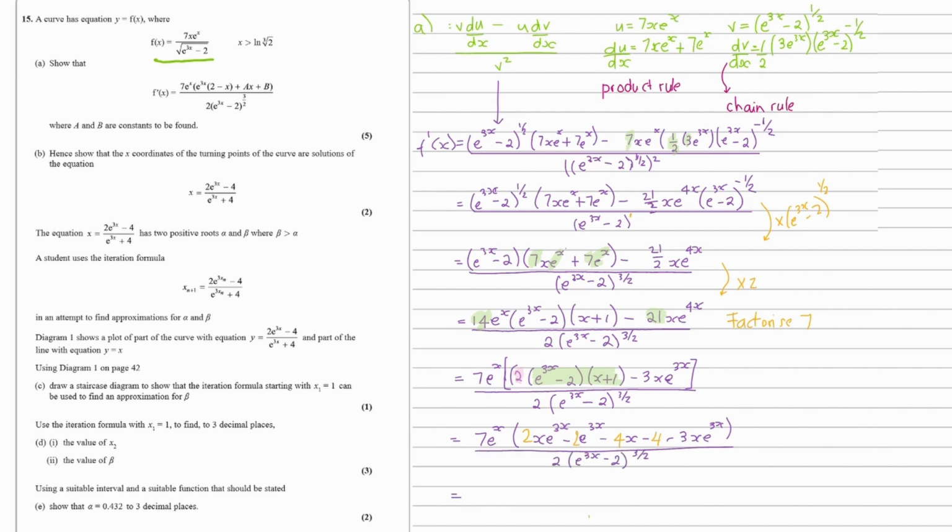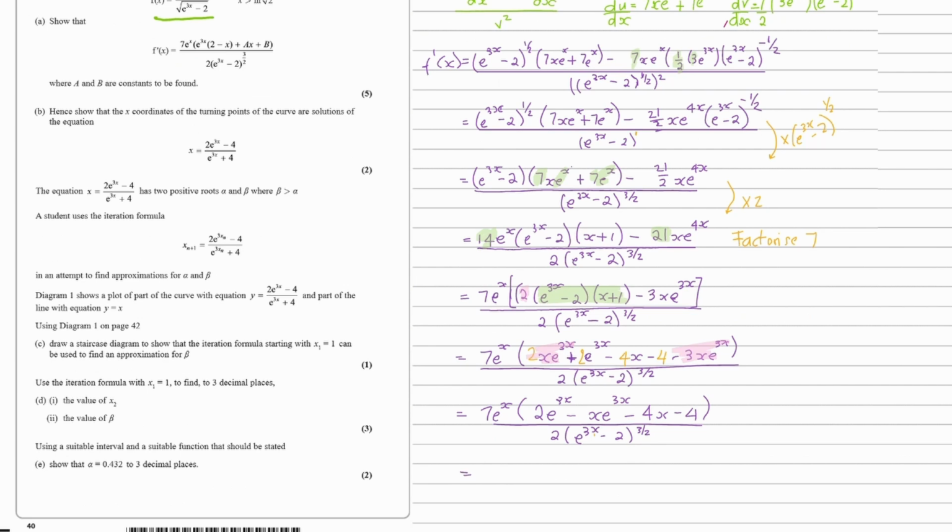We have then got these two like terms that we can simplify. So we keep the 7e to the power x as it is. We can then start by writing our 2e to the power 3x, and then minus xe to the power 3x, minus 4x minus 4 over our denominator.